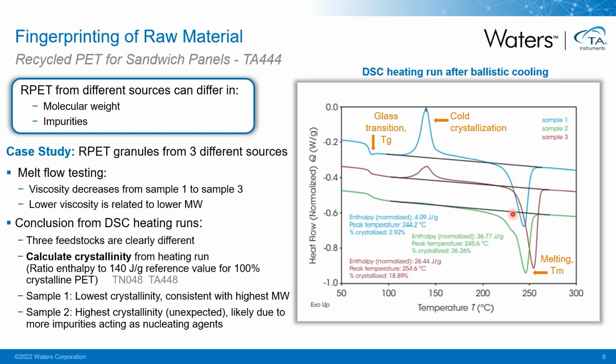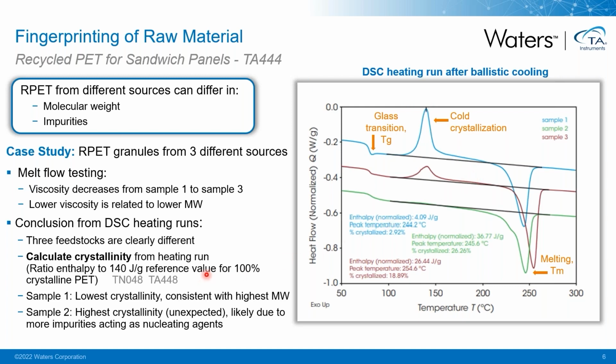At a higher temperature, we see an endothermic peak that is associated with the melting of the crystalline phase. And occasionally, you can also see in between an exotherm that is related to cold crystallization of the amorphous phase. And especially when there's a lot of amorphous phase, cold crystallization will happen for the material.